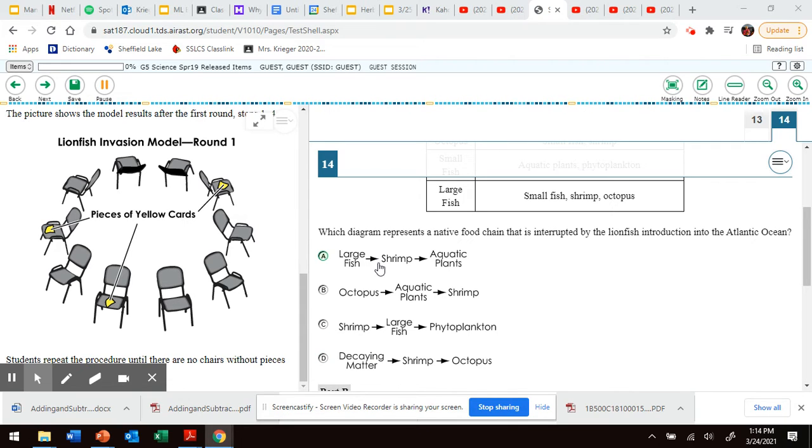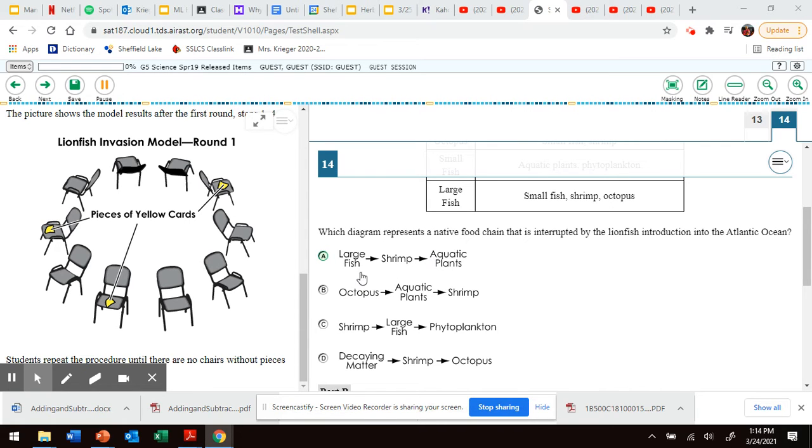To the right, you're following that arrow. So in A, it's indicating the shrimp eats large fish. Who eats the shrimp? Aquatic plants. In B, we're saying the aquatic plants eat the octopus and the shrimp eat the plant. So you're following that energy left to right. The organism on the very right is saying it eats all of those organisms to the left of it. Just like when you read a book, you read left to right.